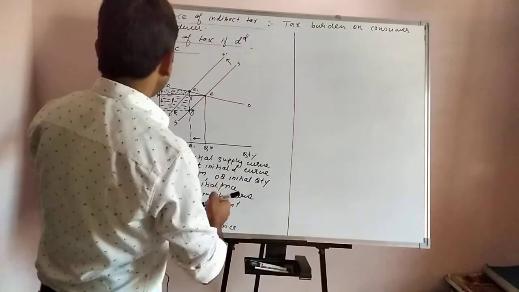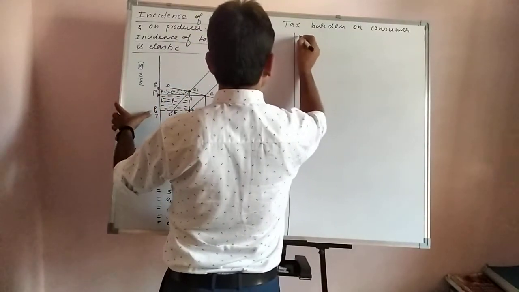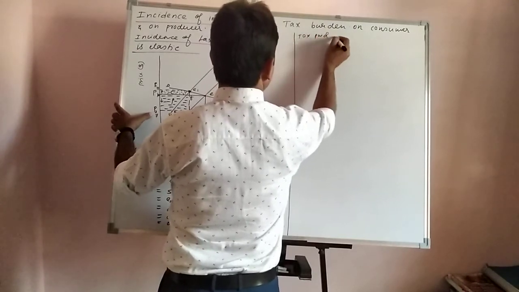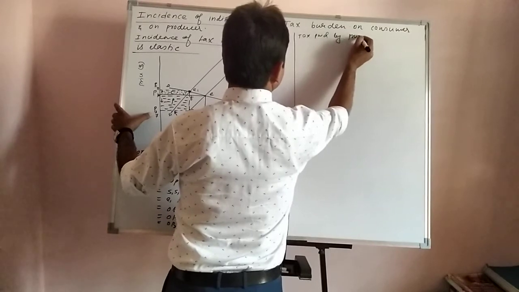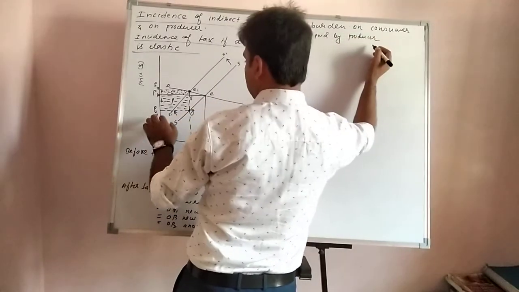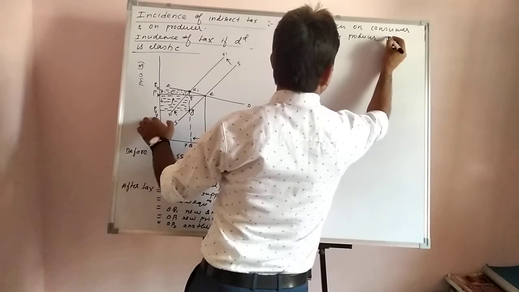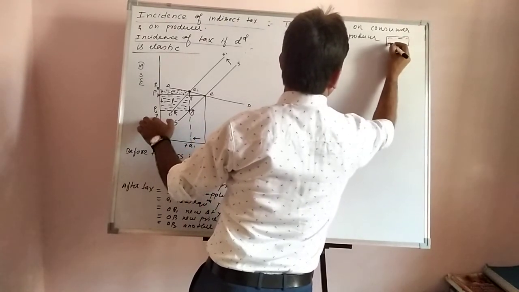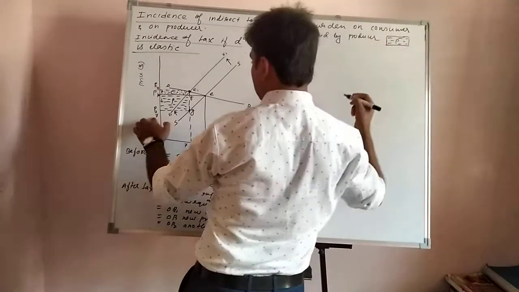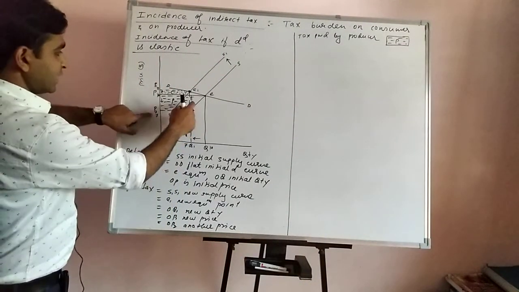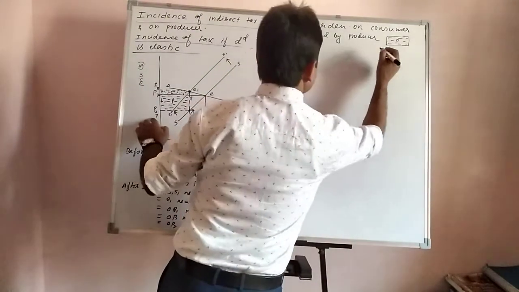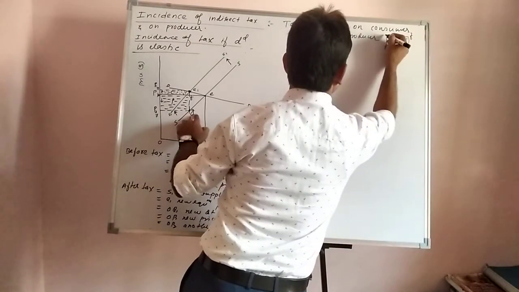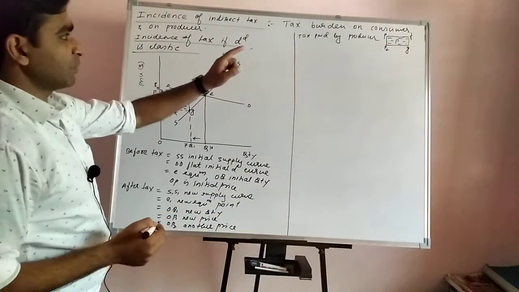So here what we have, first situation, tax paid by producer is P2, G, F and P. So P2, G, F and P, tax paid by producer.